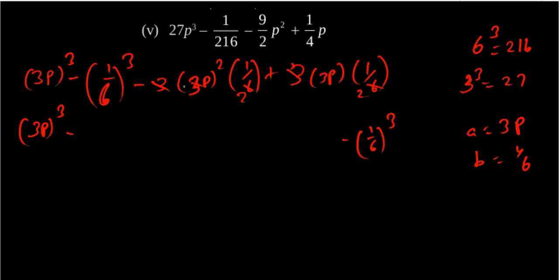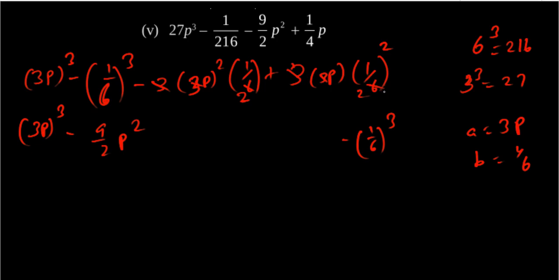So the minus term, let me write here. 3p square, divided by 2 is there. So 9 by 2 p square, and in this term this 3 and 6 we have cancelled. So 3 by 2 we will get. In this term 2 3's we have, here 2 6's we have.